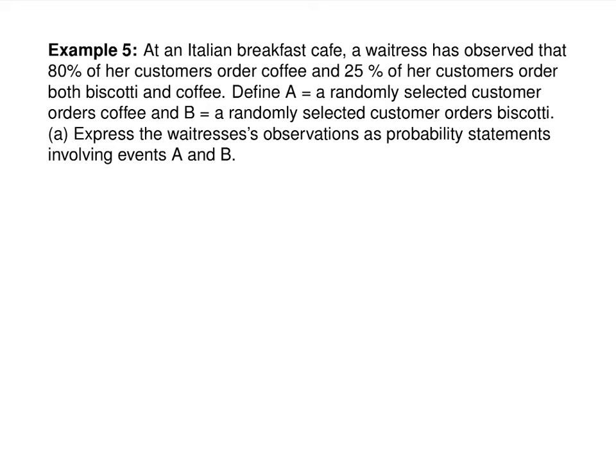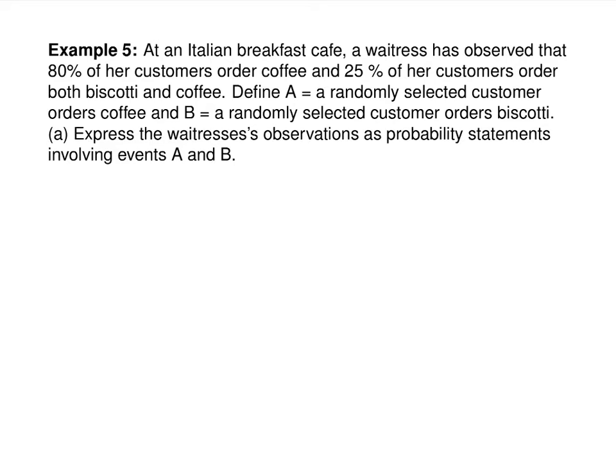It's pretty cool. Okay, so at an Italian breakfast cafe, a waitress has observed that 80% of her customers order coffee and 25% order both biscotti and coffee. So we're going to let A be the event that a randomly selected customer orders coffee, and B be the event that they order biscotti.